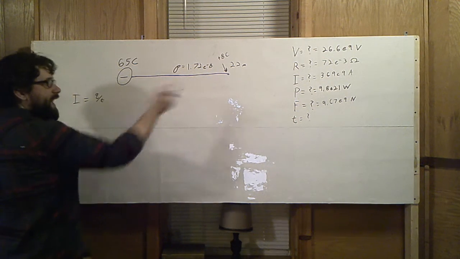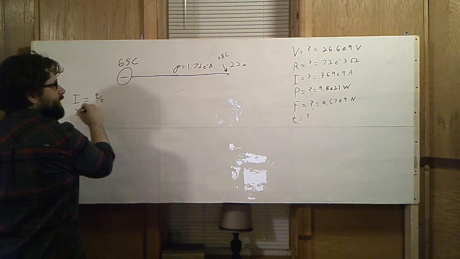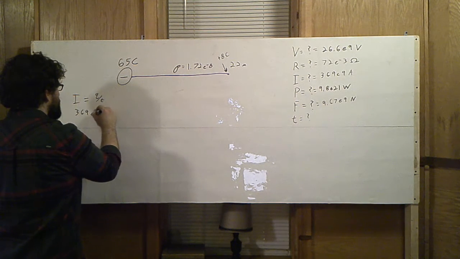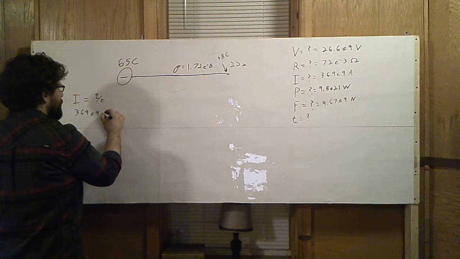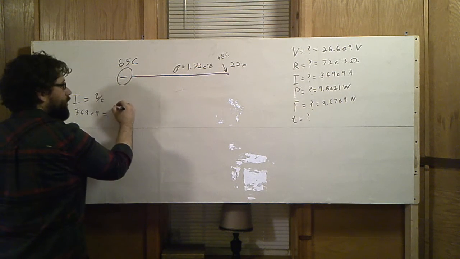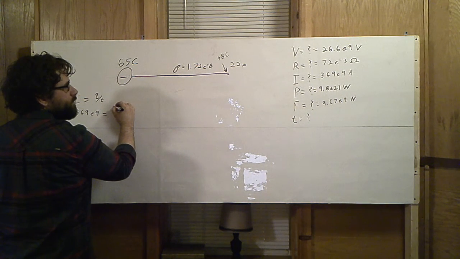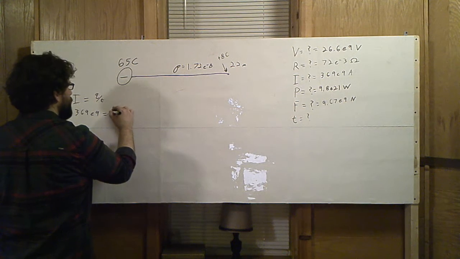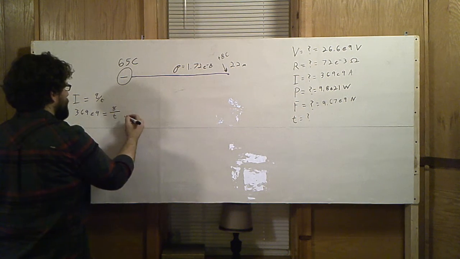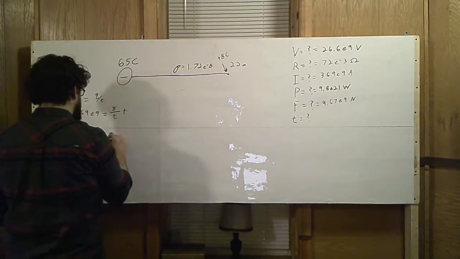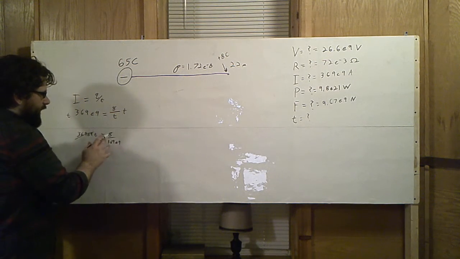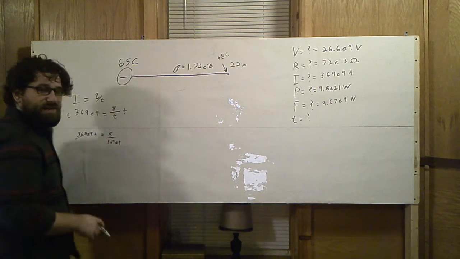So current I have, that's 369E9 equals the charge, which is 8 coulombs, divided by time. So time is going to equal 8 divided by 369E9.